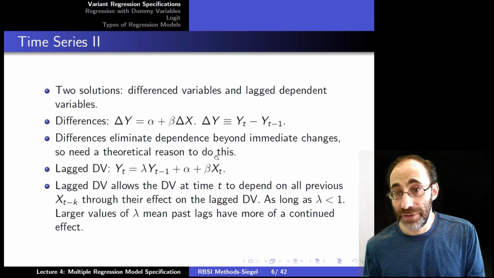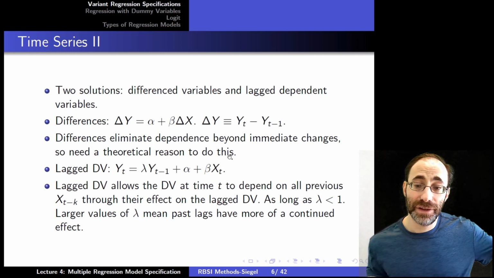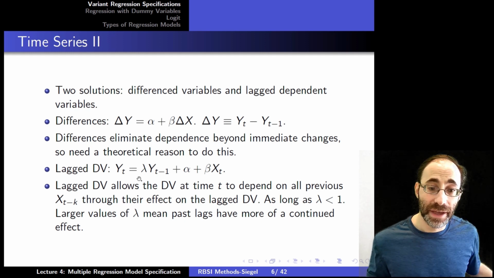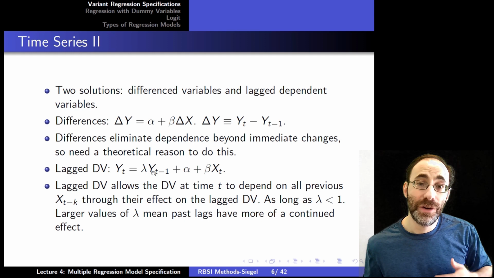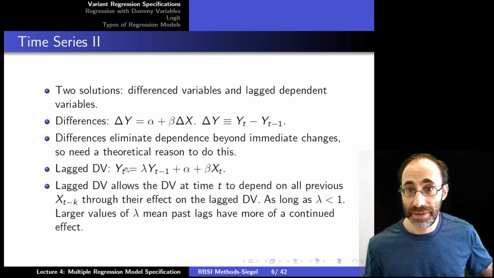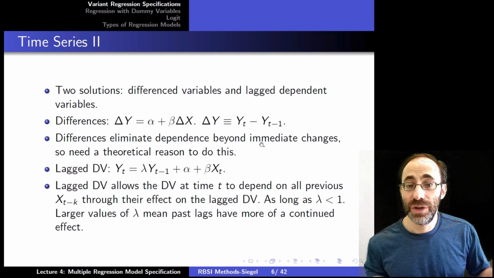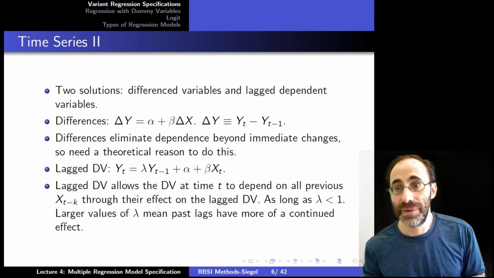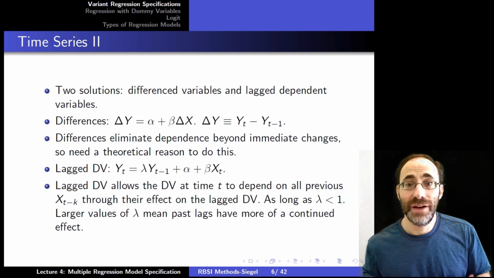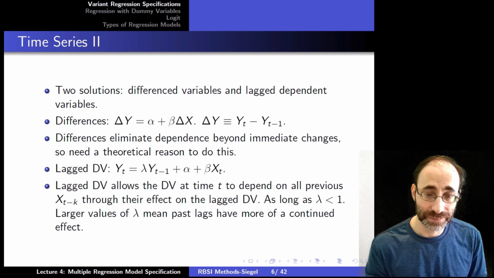The bigger lambda is, the more the effects of past history are on y of t. If lambda were 0, then there'd be no effect at all of the past on y at time t. So the lambda parameter lets you tune the amount of past history that is relevant for prediction of the present dependent variable.